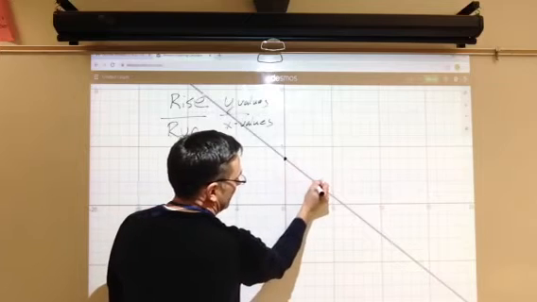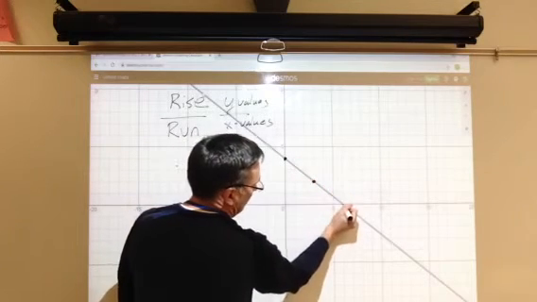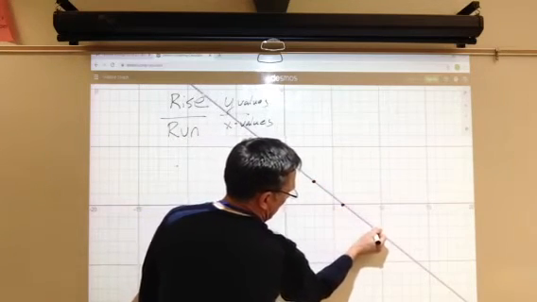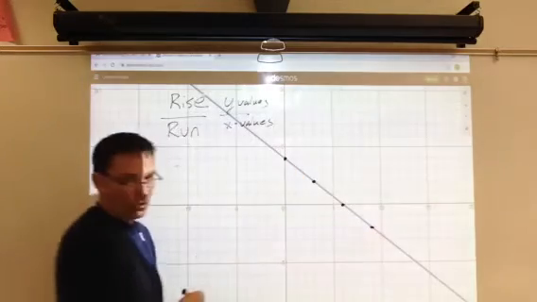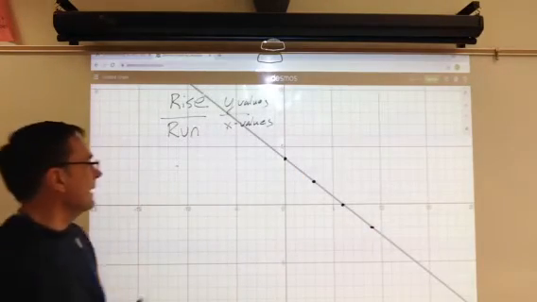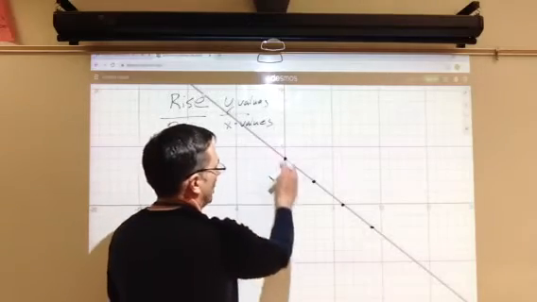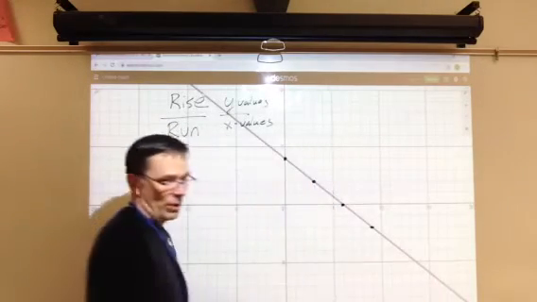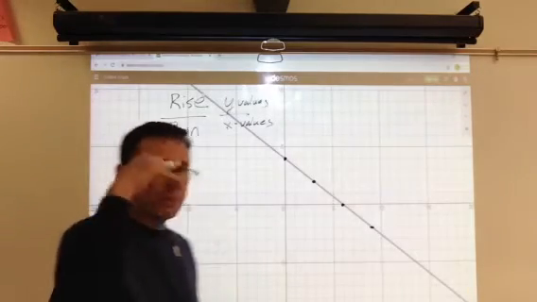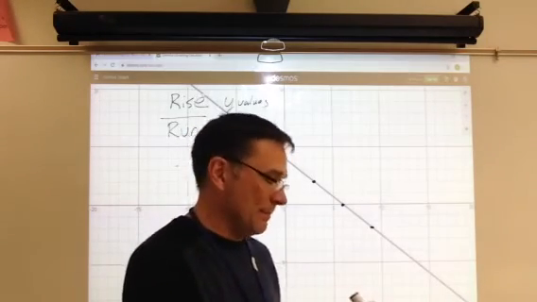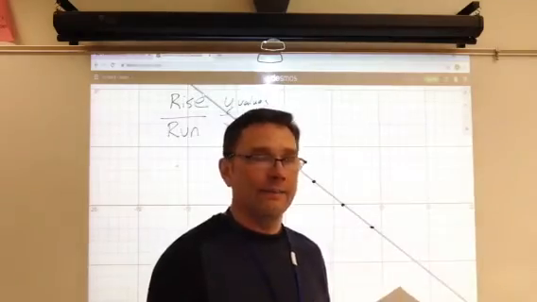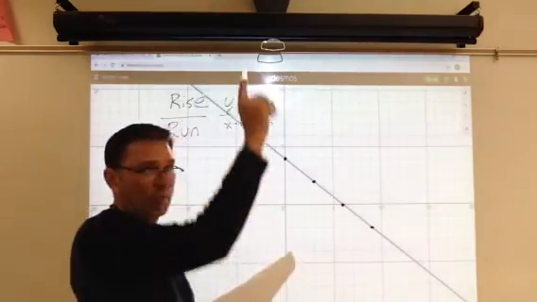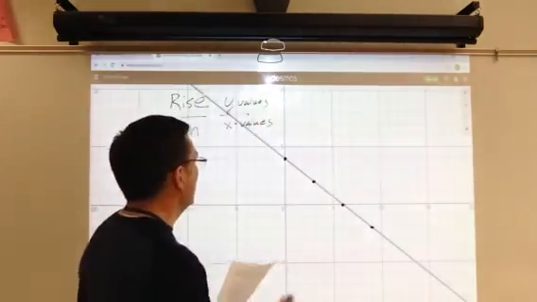As I follow along, I see there's another one here, another one here, another one here, and so forth. Now, as I read this left to right, I see that my line is falling to the right. Something going down in a descending manner means that it is negative. So if you're going up, it's positive; down, it's negative.